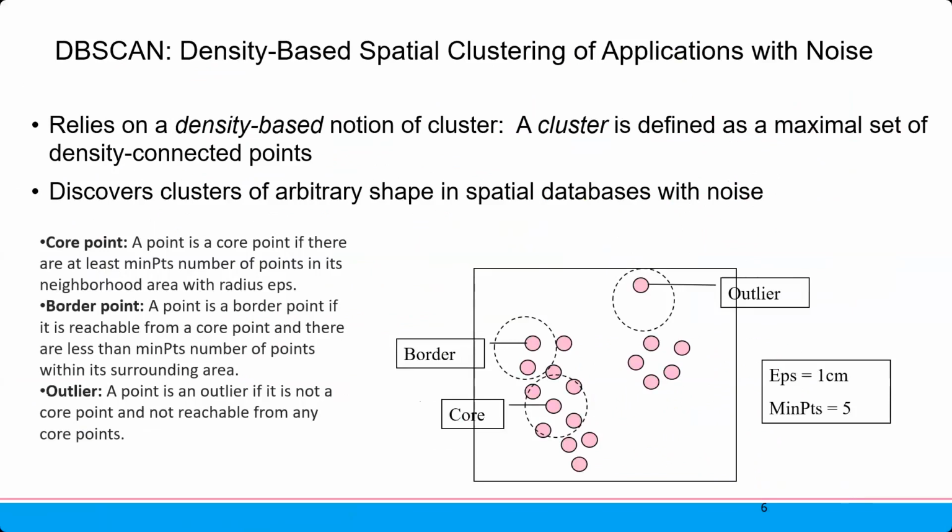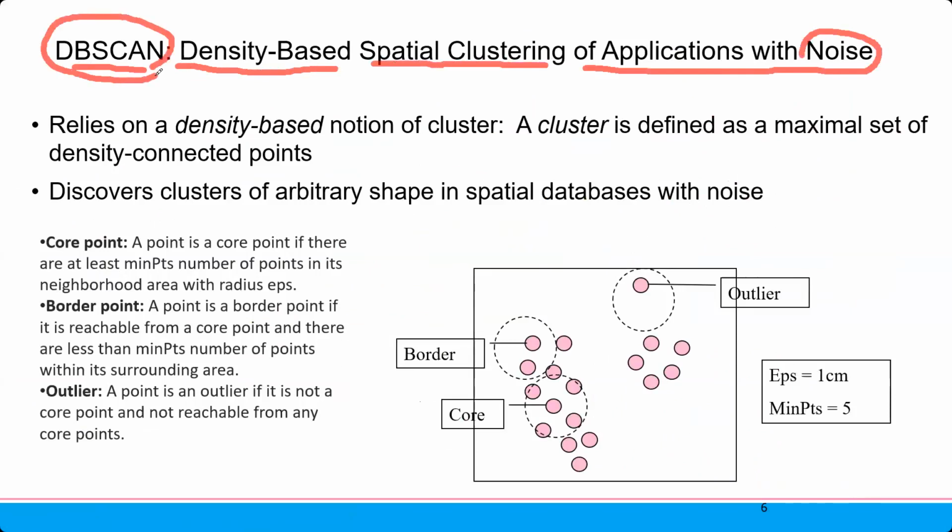The word DBSCAN comes from density-based spatial clustering of applications with noise. That's why they call it DBSCAN. It relies on a density-based notion of cluster, so it depends on density. That's why we have density reachable and density connected.